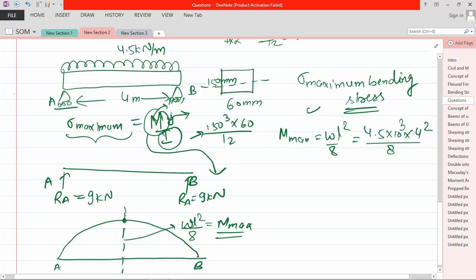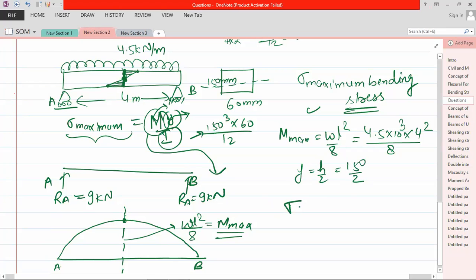Now you need to find the distance y, because at the center, this is the thickness. As you all know, the bending stress would be like this. This is the shape or profile of the bending stress. At the top fiber and at the bottom fiber, the maximum stress is there. So Y should be h by 2, that is 150 by 2.